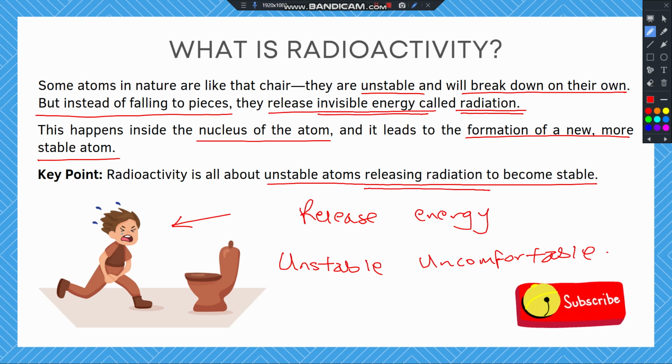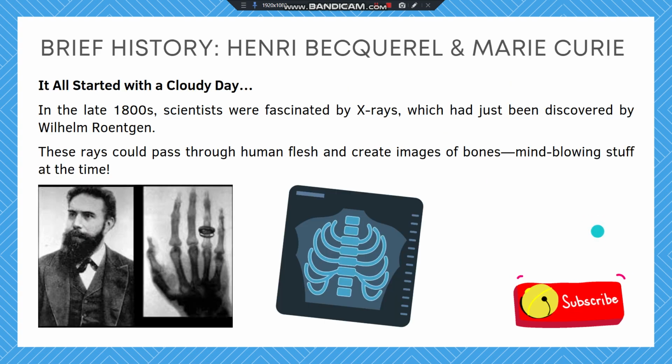That process of releasing makes him now become comfortable and stable. You see, radioactivity is just like that. When atoms become unstable, they need to release that instability by releasing radiation, and then they become stable after that is done. I'm sure you understood everything we just said thus far.